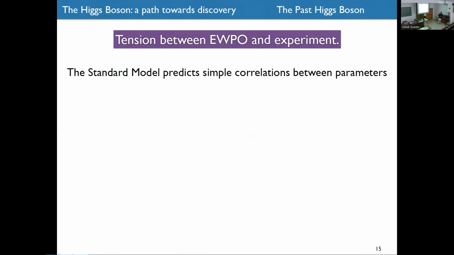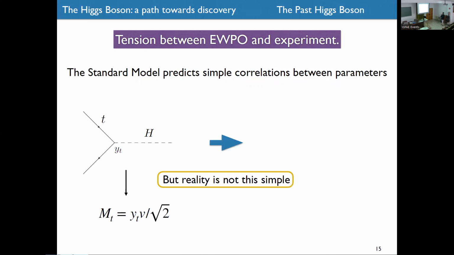Point two is some tension between electroweak precision observables and experiments. So the standard model predicts a simple correlation between parameters. We saw that already, for example, for the proportionality between the Yukawa coupling, so the coupling of the Higgs to fermions, and the mass of the fermions, that in the standard model appears to be something very easy. However, this is not the reality, because reality is a quantum field theory.